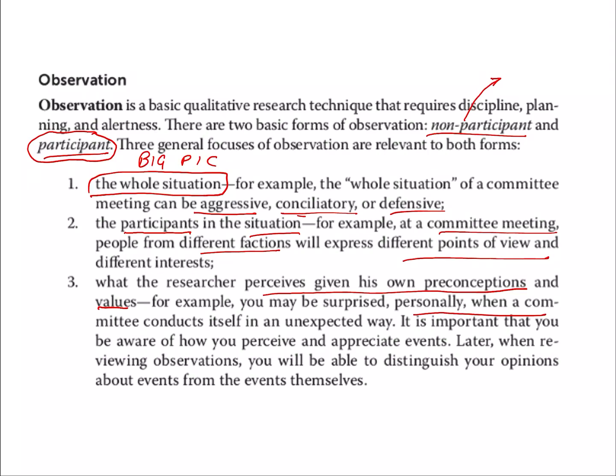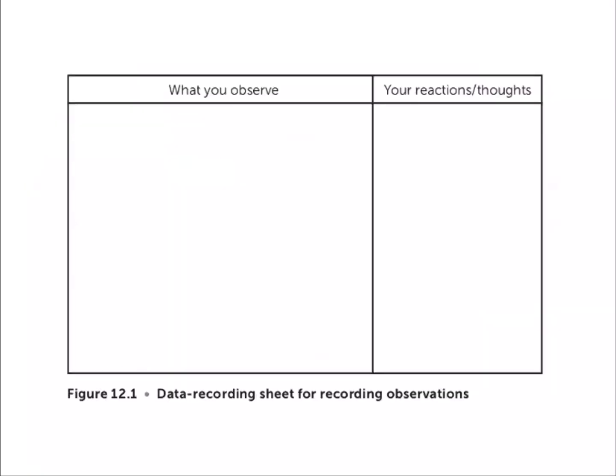It's true whether it's a rock concert, whether it's a committee, and it's important in an observation to be aware of how we perceive it and appreciate the event compared to what somewhat, because it's not completely objective, a somewhat more objective situation might be documented.